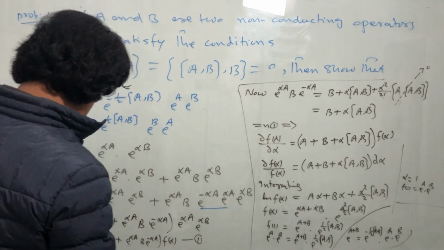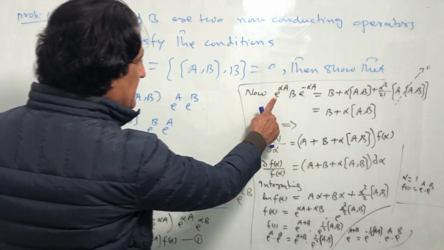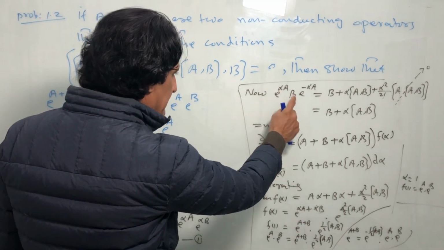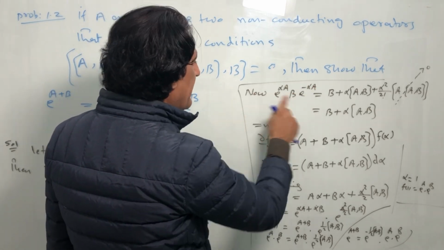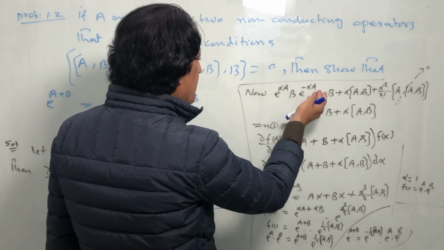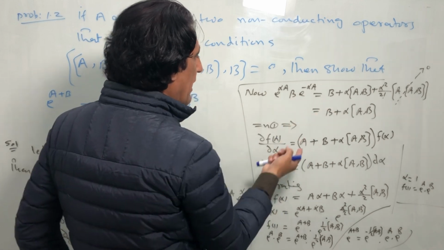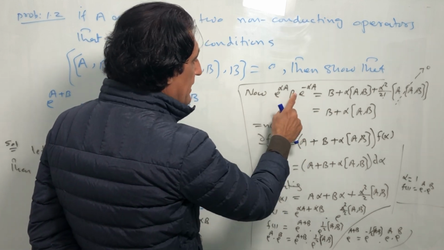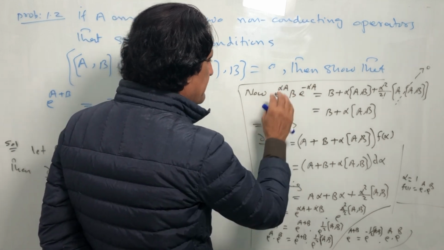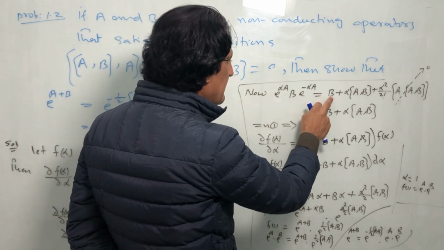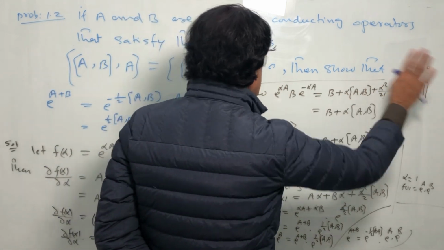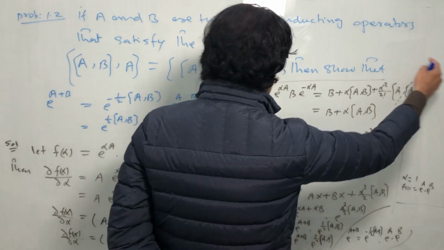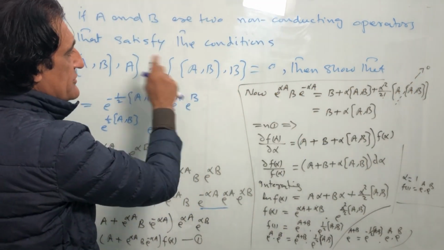Now come back to this term, e to the power alpha A, B, e to the power minus alpha A. By expanding, this is a well-known relation, and we have already discussed this. If we have this kind of relation, then we have B plus alpha times the commutator AB plus this, we know about this, and this term is already given, which is equal to 0.